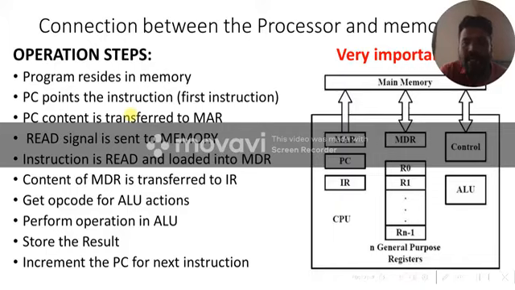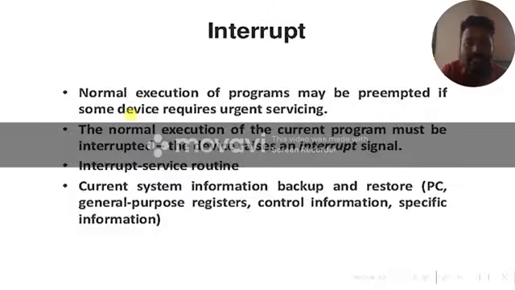Otherwise, it will move on to the program counter. The program counter checks whether the next instruction is there or not. If there is a next instruction, then the program counter will process the above set of steps continuously for the next instructions.